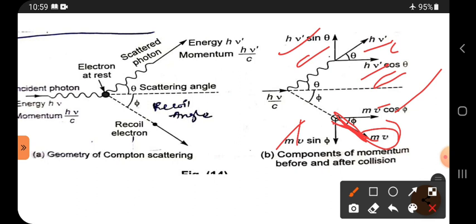Okay friends, so like this. For electrons the mv product will come with cos phi and sin phi, and for the photon h nu dash by c will come with cos theta and sin theta. That is what you have to remember.